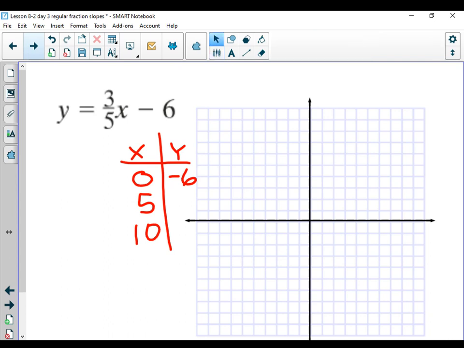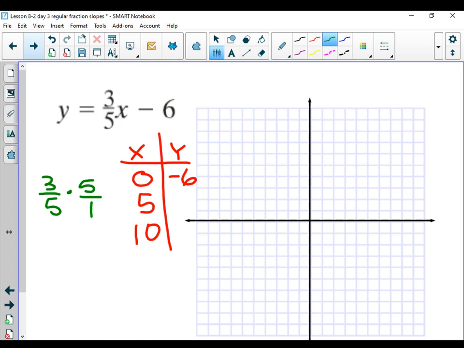All right, now I gotta put my thinking cap on. 3/5 times 5 over 1. 15 over 5. Well, simplify that, it would be 3 over 1. Are you following Bryn's thinking?